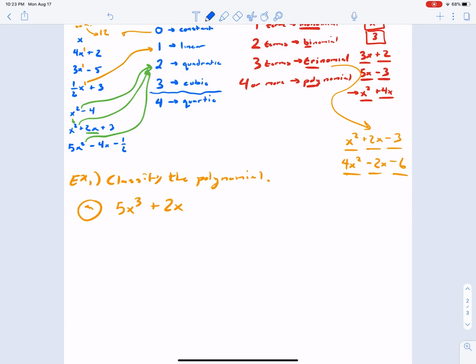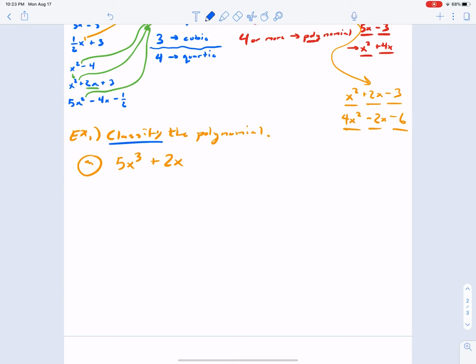Play whenever you're ready. When you want to classify, remember, you want to name it. You want to give it a first name and a second name, a first and a last name, okay? Remember that the first one is the degree. The last one is the number of terms. And you wouldn't be doing this every single time. This is really just for the sake of your notes. You're going to be able to cut corners later, okay?